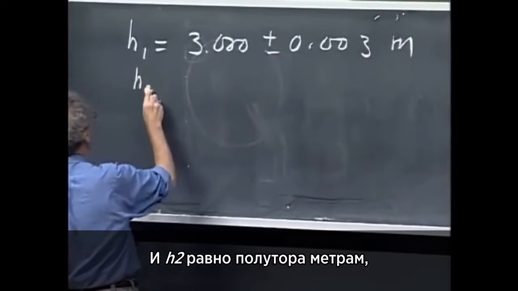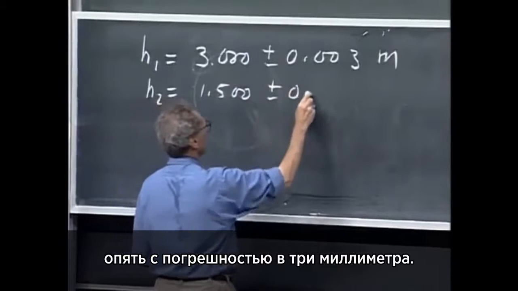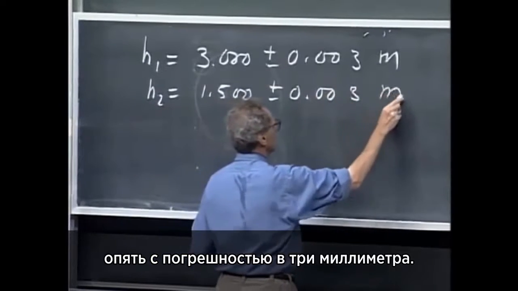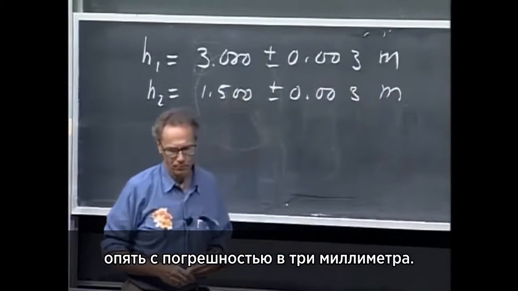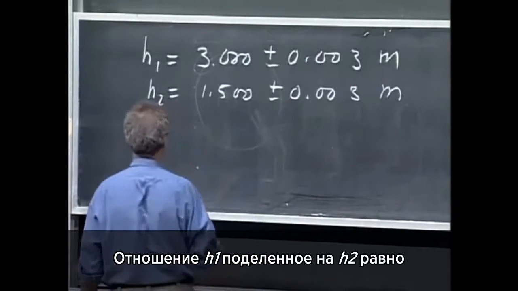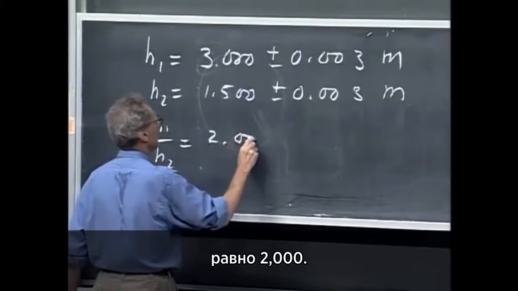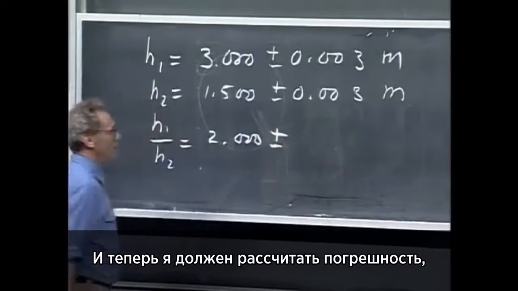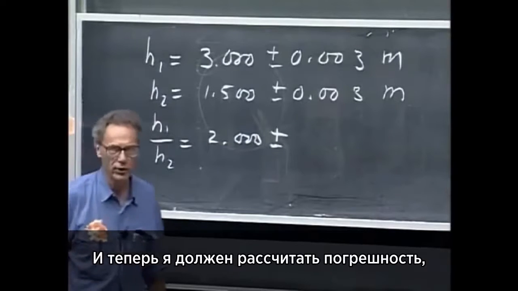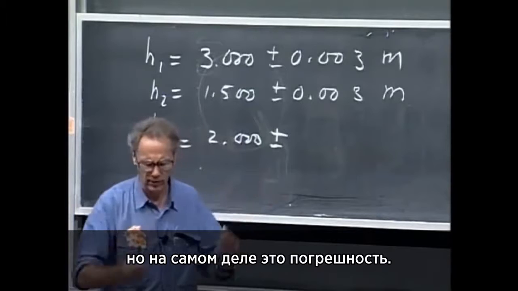And H2 equals 1.5 meters, again with an uncertainty of about 3 millimeters. So the ratio H1 over H2 is 2.000, and now I have to come up with an uncertainty, which physicists sometimes call an error in their measurements, but it's really an uncertainty.